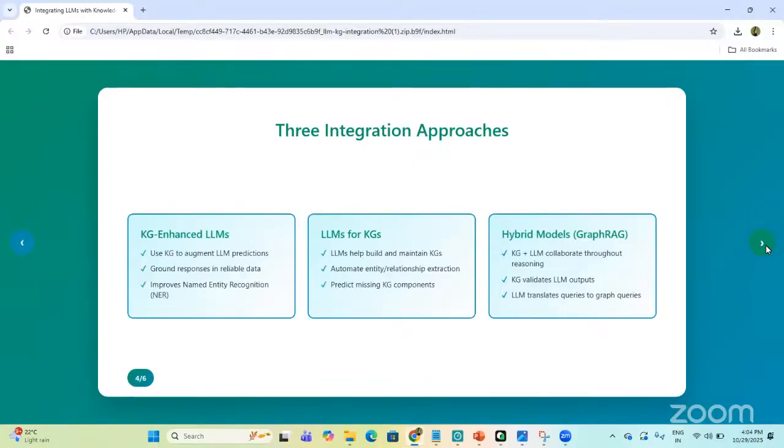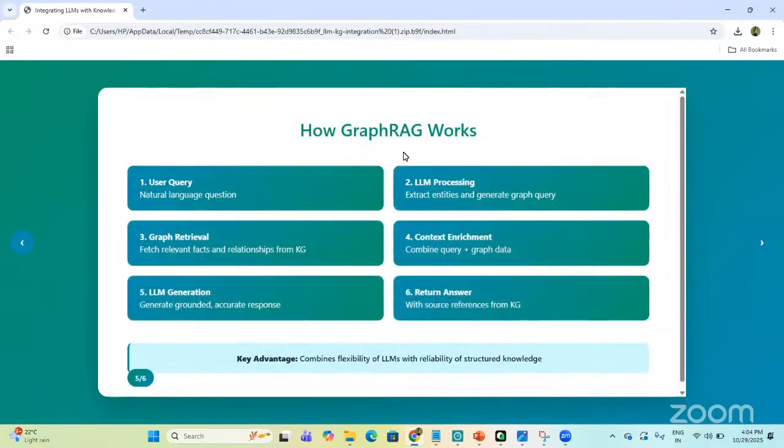Now let's see in depth how graph RAG works. Let's say the user asks a natural language question. Then the LLM extracts key entities and converts the question into a graph query. The knowledge graph returns the relevant facts and relations. Then comes context enrichment, where the model enriches the context using this structured data.